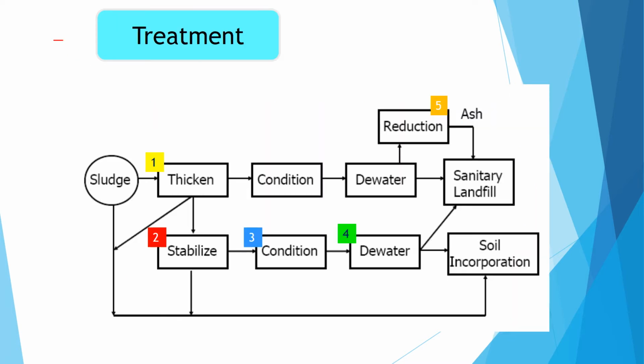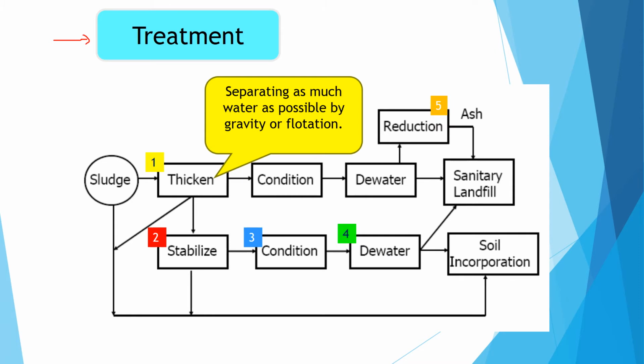Okay, and the next characteristic is the treatment process. Basically it consists of 5 steps, which are thicken, stabilize, condition, dewater, and reduction system. For the thickening process, basically it is used to separate as much water as possible by gravity or flotation system.